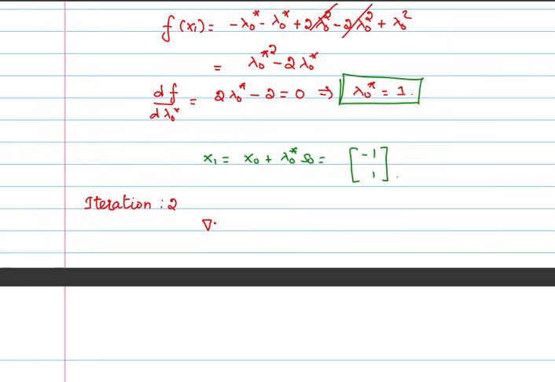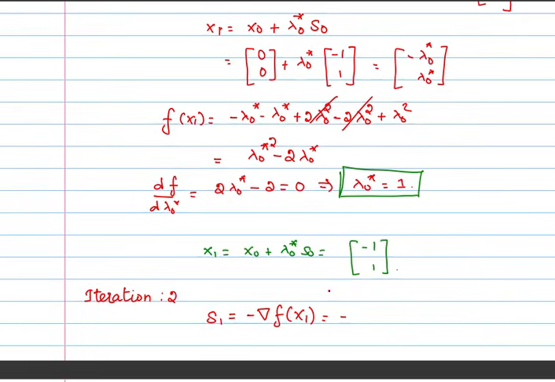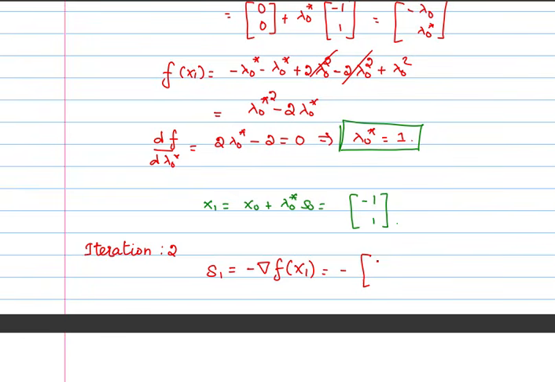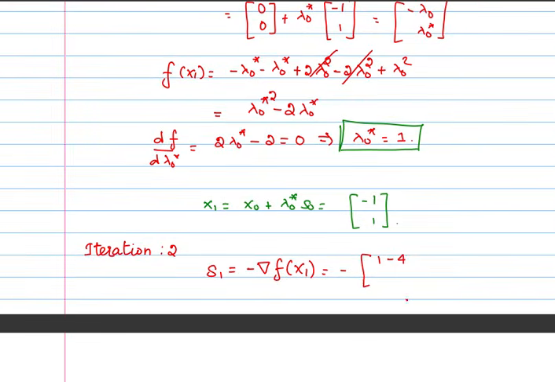Again I want to find s2. S1 is my next step, minus s1, that is minus gradient of f of x1. So minus times gradient of f, I already calculated the gradient of it, that's not going to change. So 1 plus 4x1 is minus 4 plus 2x2 plus 2.